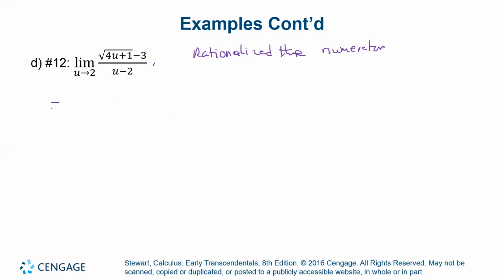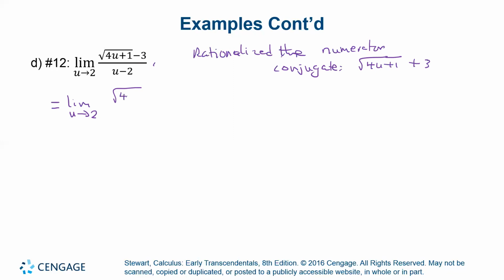So this will be the limit as u goes to 2. To rationalize this, I'm going to multiply the numerator and the denominator by the conjugate. I hope this is coming back to you. The conjugate of the numerator is the square root of 4u plus 1, plus 3.